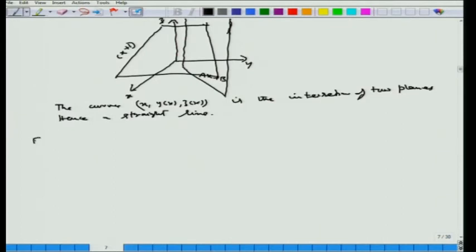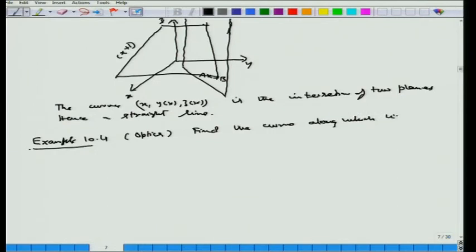Now, this next example is from optics. Here it is asked to find the curve along which light moving with the velocity v, which is a function of x, y, z, takes the minimum time.